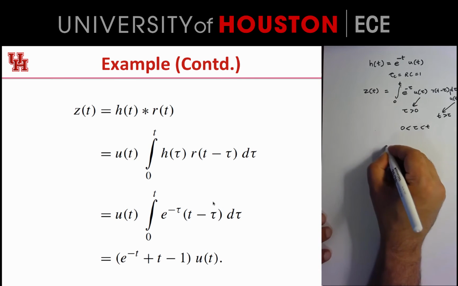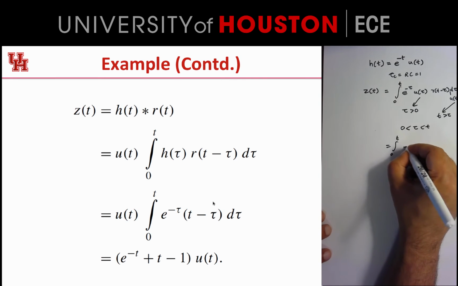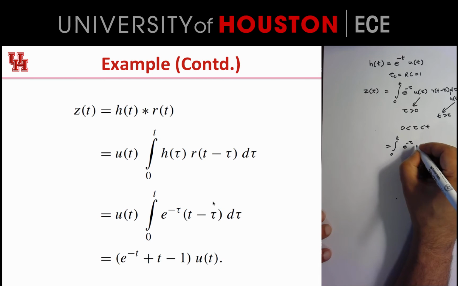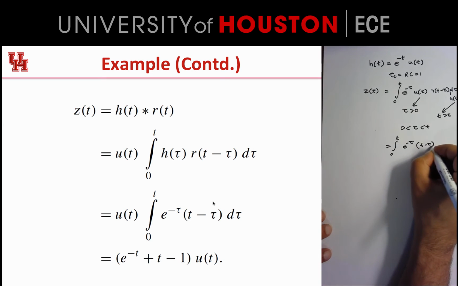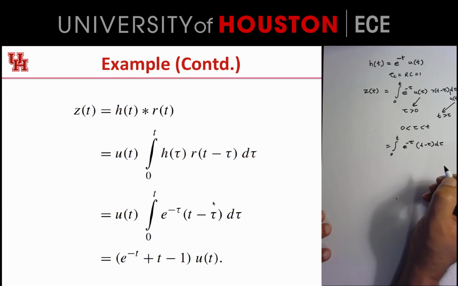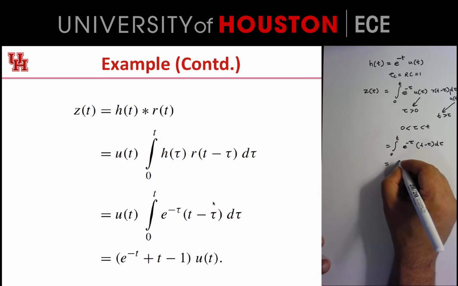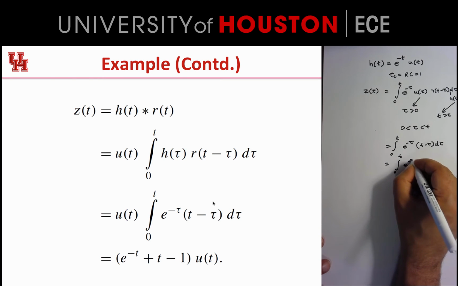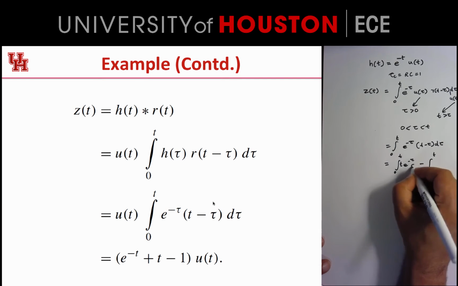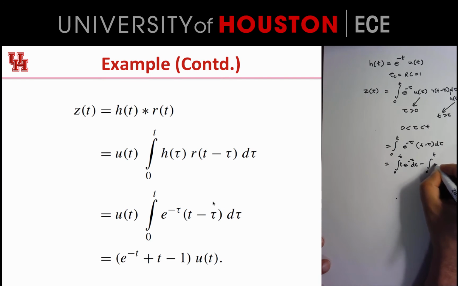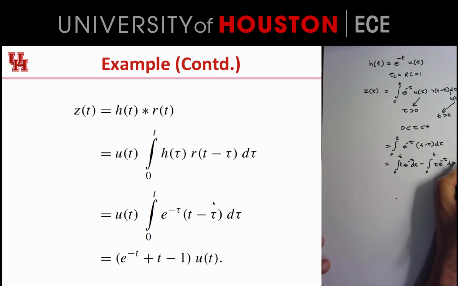Okay, so cleanly rewritten, this is what it looks like. Integral from 0 to t, e to the minus tau, and now our ramp function is simply equal to t minus tau, t minus tau d tau. So this is equal to the integral from 0 to t of e to the minus tau times t, minus the integral from 0 to t of tau e to the minus tau d tau.